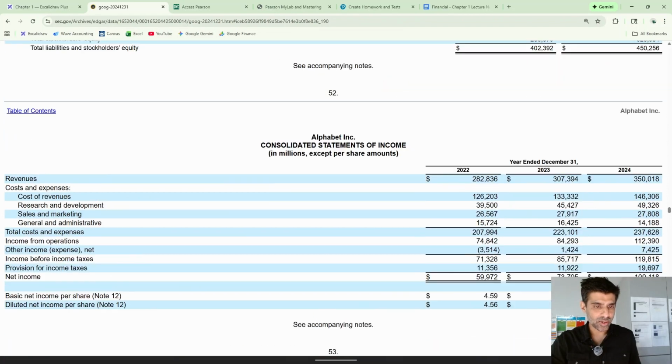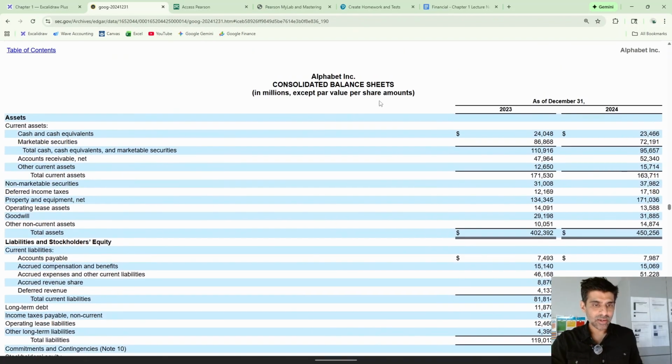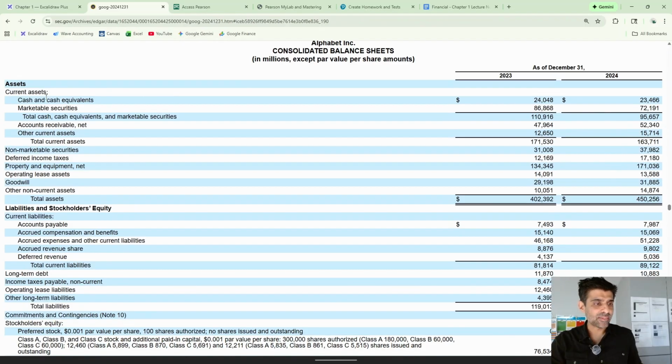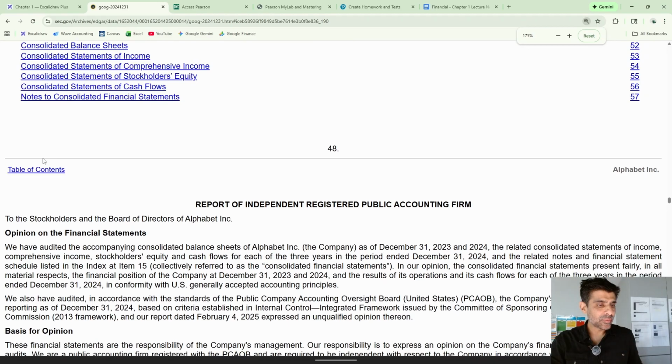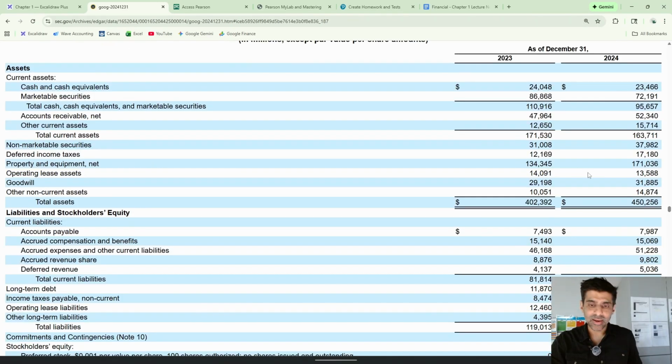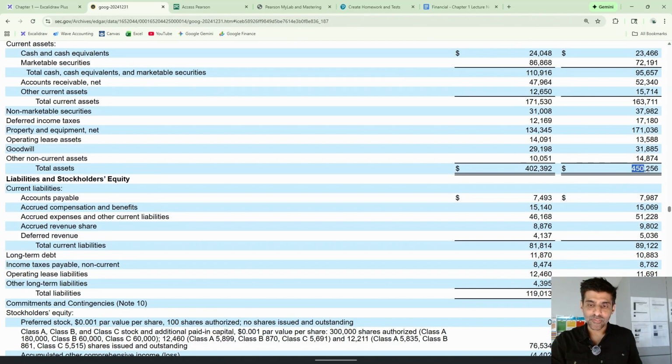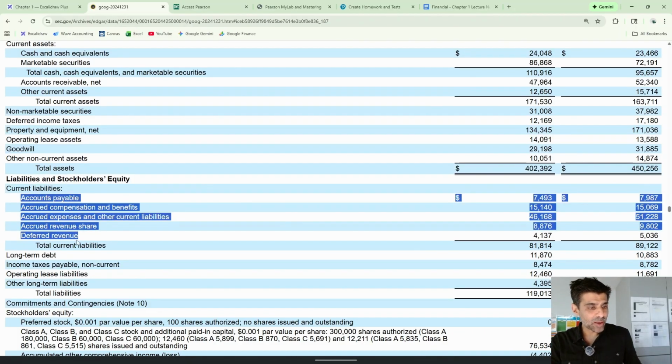Okay, so if we go here to the balance sheet, this is the consolidated balance sheet. So it has all their assets. They got cash, accounts receivable, property, plant and equipment. So they have 450 billion of assets, and they have liabilities: accounts payable, deferred revenue, which is essentially unearned revenue.